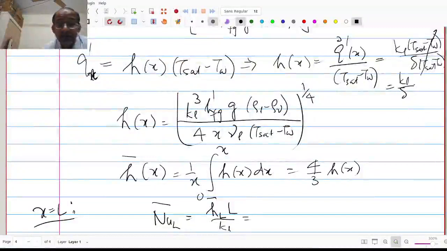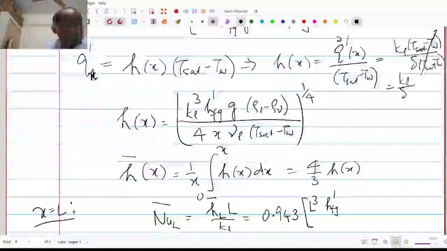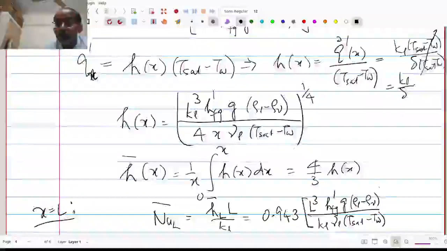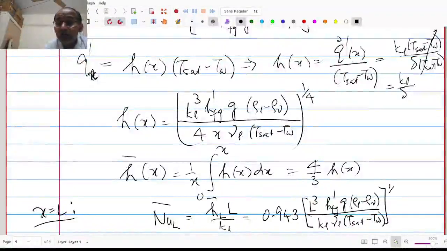So this actually comes out to, you can verify this, 0.943 times L cube into HFG prime into g into rho L minus rho V, divided by KL into nu L into Tsat minus Twall, whole thing raised to the power of 1 by 4.